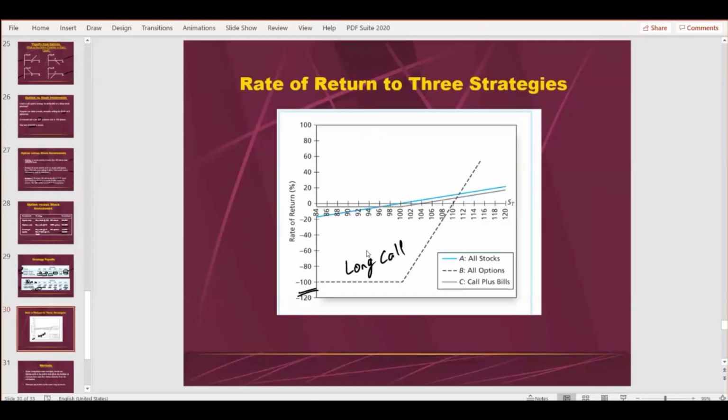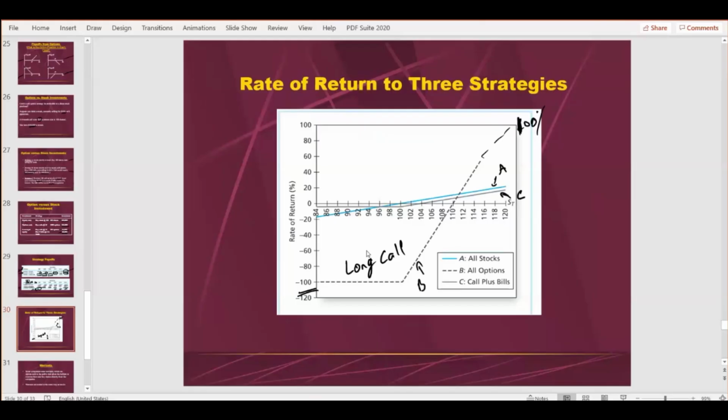If I reach 120, this is a 100% return, and it can be even beyond 100%. And here you can see the other two strategies. This is A, and this one here, this is C.